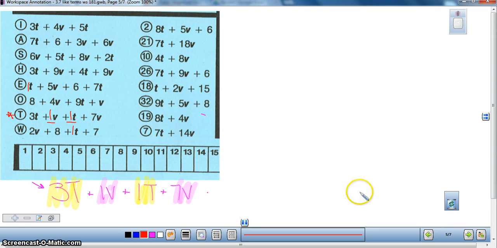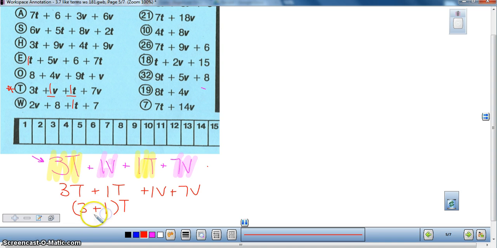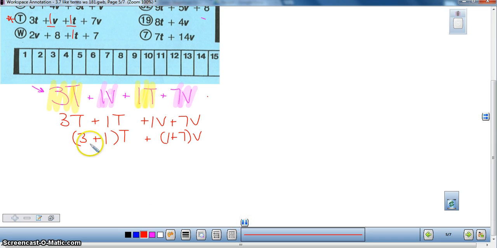Again, using our distributive property and regrouping with the commutative property, we're going to go with 3t plus 1t, put the 1v plus the 7v. What did the first two have in common? A capital T. 3 plus 1 is how we can think in our head to regroup. 1 plus 7 with the common factor v. So that when you look at this problem, 3 plus 1 gives us 4t. 7 plus 1 gives us 8v.